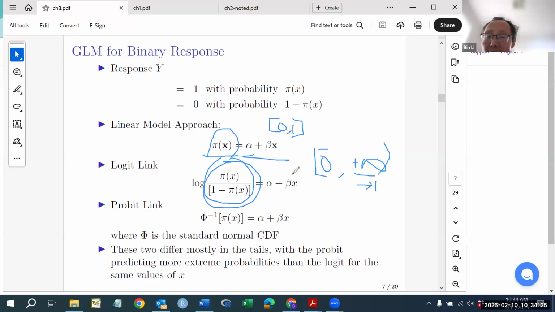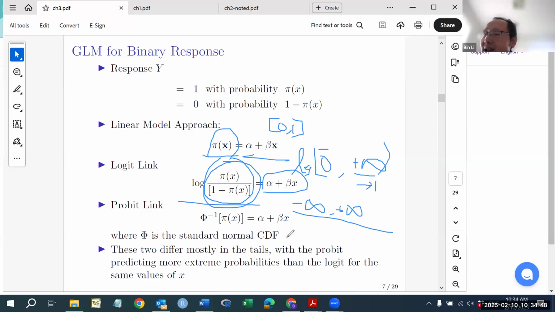So when we take the log, the range for the log odds becomes negative infinity to positive infinity. That is a good range so that we can model this by a linear function of x, and we won't have any problem.